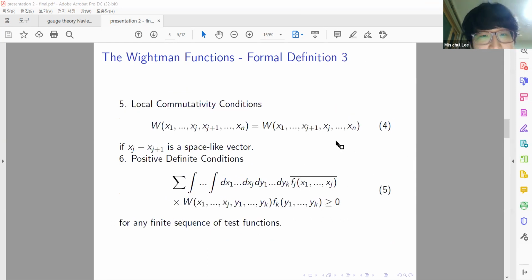And next, local commutativity means that we can flip the arguments if these arguments are space-like separated. And lastly, the positive definiteness condition means that essentially the Wightman functions satisfy this kind of positive definiteness, as infinite dimensional matrices, for any finite sequences of test functions.